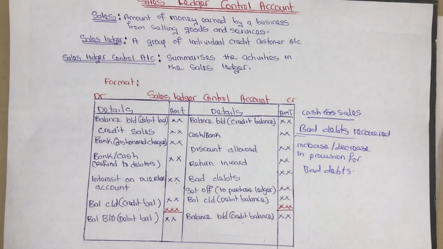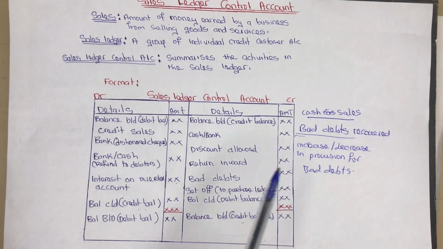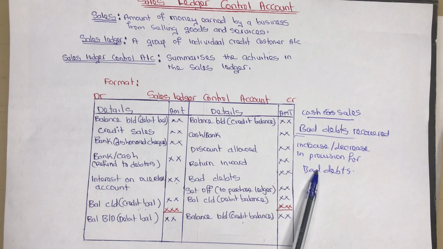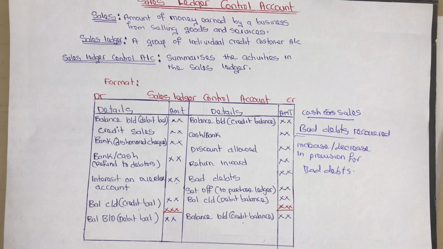This one affects the general ledger, so we are not supposed to put it in the sales ledger control account. So those are some of the things that you need to know about the sales ledger control account.